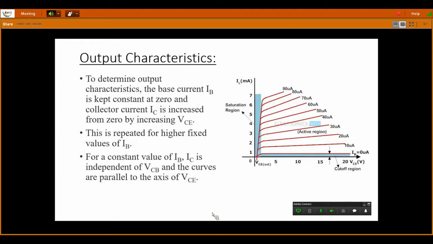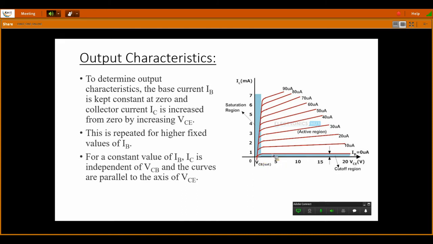Next, the output characteristics of your common emitter configuration. Here on the x-axis we have taken the output voltage VCE, and the output collector current IC. By keeping your base current constant, starting from IB equal to 0, then from 0 microamps to 90 microamps, we increase the base current in constant steps.